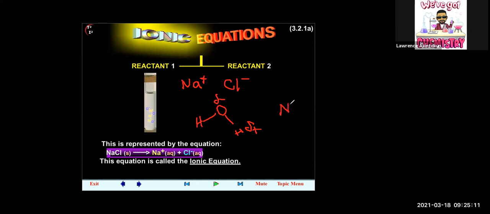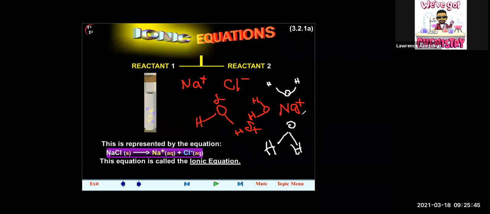Sodium that is positively charged, that is a cation, will be in the middle of water. So molecules of water will surround this sodium ion.